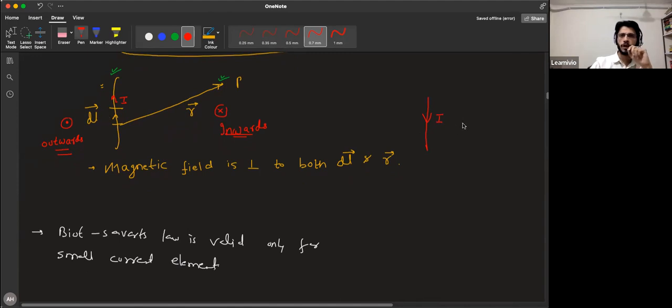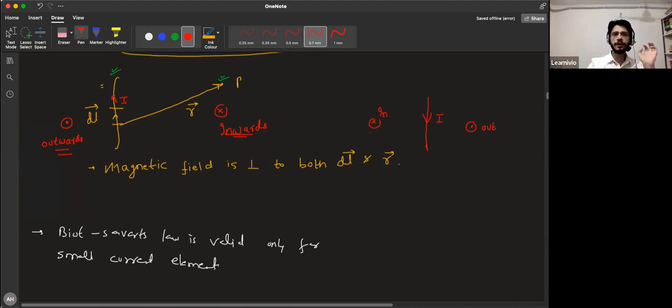If I ask the direction of the magnetic field at this point, what will be the direction, inwards or outwards? Outwards. It's clockwise, so over this point it's coming outwards. And at this point, the magnetic field lines are going inwards.